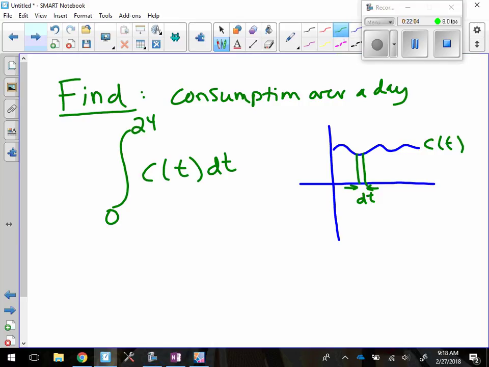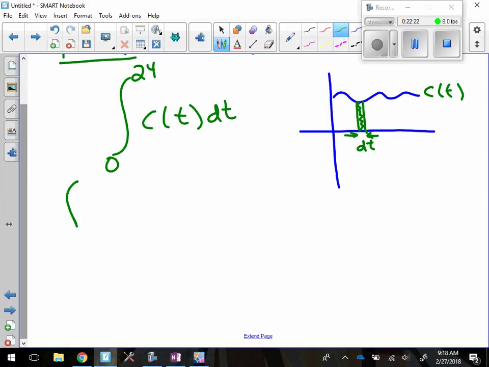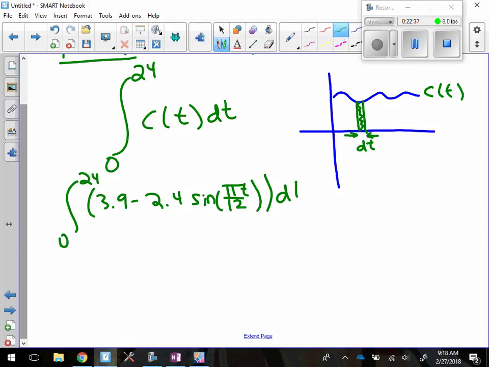I can find the amount that's consumed over this delta t, and then I add up all my delta t's, and that's what my integral is. All right, you with me? Okay, so the integral from 0 to 24 of 3.9 minus 2.4 sine of pi t over 12 dt.